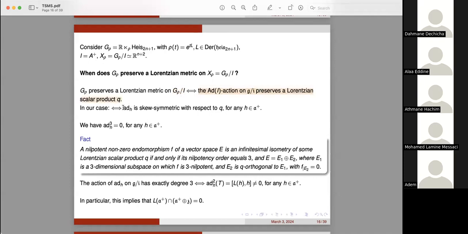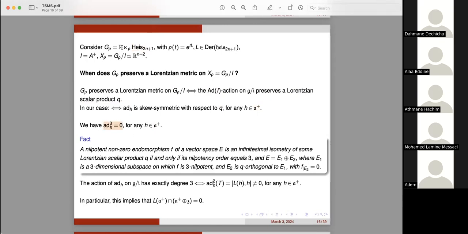And in our case, this is equivalent to saying that we consider the adjoint action of an element of the Lie algebra of the isotropy. This translates into the fact that this is symmetric with respect to Q. And if we look at the adjoint action of any element H in the isotropy, if it is in Heis, it is two-step nilpotent, so the adjoint action will be two-step nilpotent.